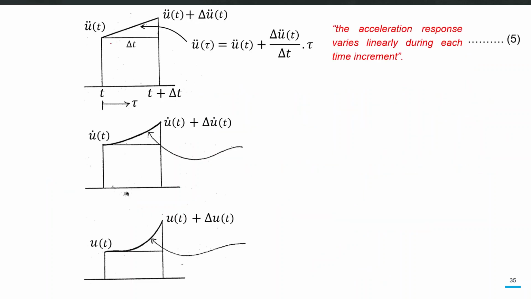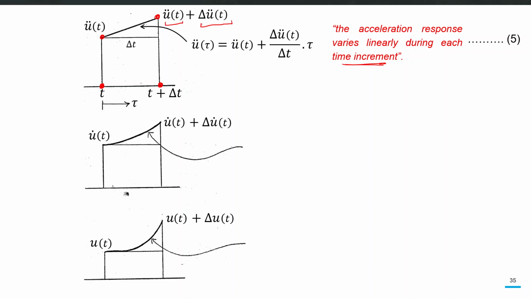So let's use this linear acceleration approximation, which says that the acceleration response varies linearly during each time increment. Say we have some time t and then t plus delta t. At time t the acceleration was u double dot of t, and at t plus delta t the acceleration becomes u double dot of t, the initial value, plus delta u double dot of t.